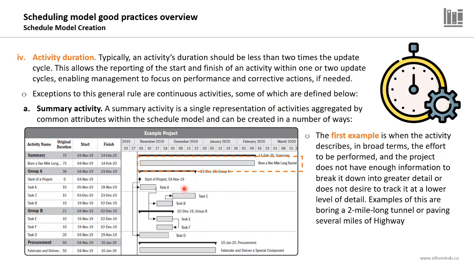So if, for example, this activity is to bore a 2-mile long tunnel, we don't have enough information to break down this activity, or we don't want to track this activity throughout the project execution at a more detailed level, so we can use the summary activity. This is the first example.